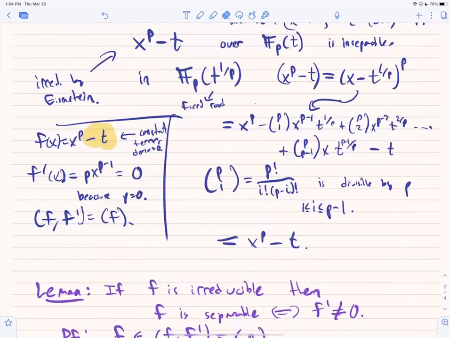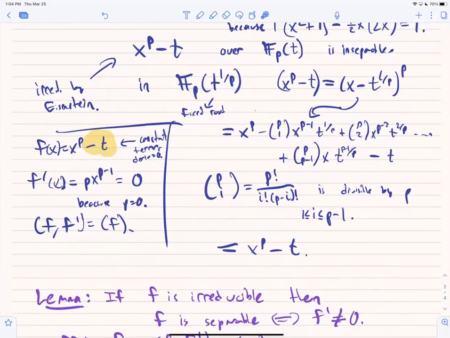And just like in our example, it was no coincidence: the only powers of x that appeared were the 0th power of x in the constant term, and then the pth power of x. And we saw when we computed the derivative, that let us get 0 in the derivative. I mean, if p was 3 and we'd had x squared here, then we would have gotten 2 times x in the derivative, and we wouldn't have gotten 0. So the only way you're getting 0 is when all the non-zero coefficients correspond to exponents that are powers of p.